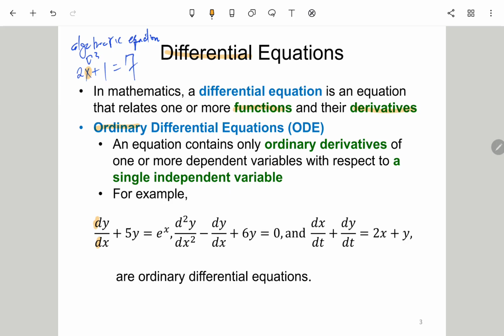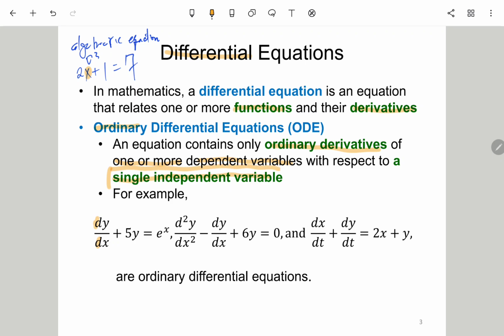In that case, a more rigorous definition is an equation that contains only ordinary derivatives. Ordinary derivative means that you can have several functions, but they are only related to a single independent variable. So it involves one or more dependent variables with respect to a single independent variable.